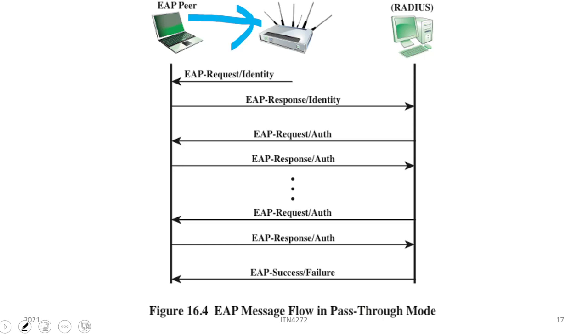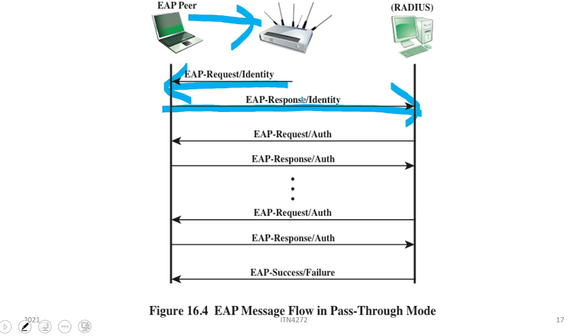Then the authenticator would go back and request an identity. Once the identity is requested, the peer will send it to the authenticator, which will forward it to the authentication server.